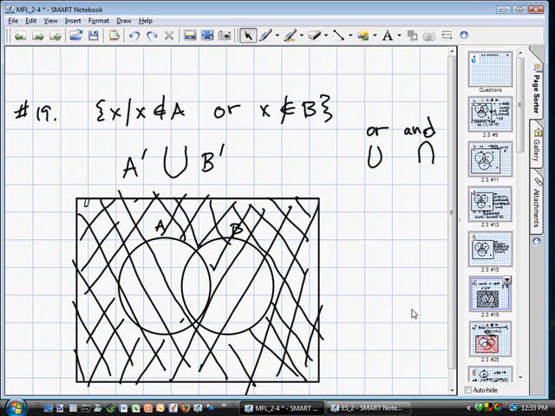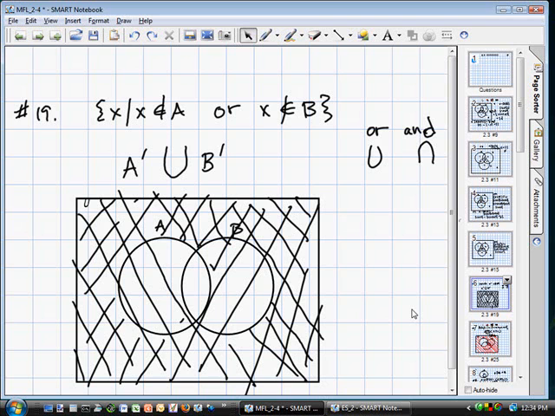So what I did is I used cross-hatching, going this way to indicate everything outside of A. So my lines heading in this direction are everywhere except in circle A. And then for B complement, I use this angle.